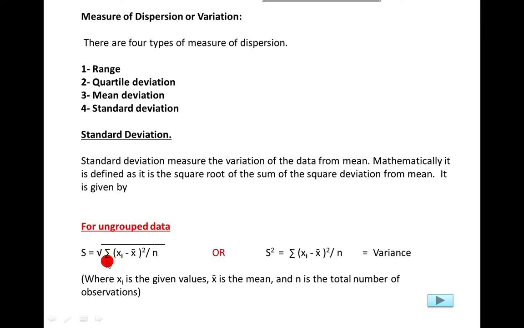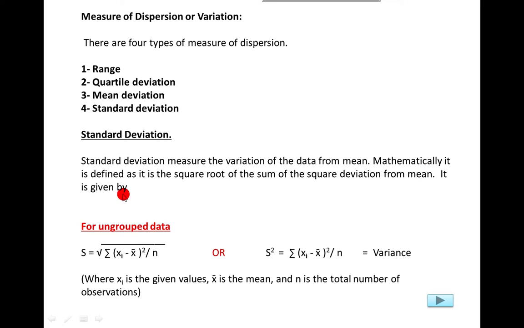This summation sign means sum. Sum of square deviation, this is the square of the deviation. Deviation from value minus mean. Deviation means difference. Sum of the square deviation from mean.